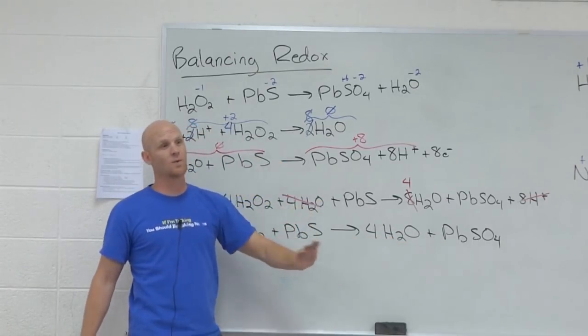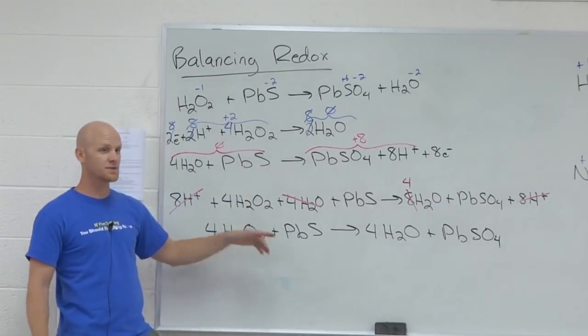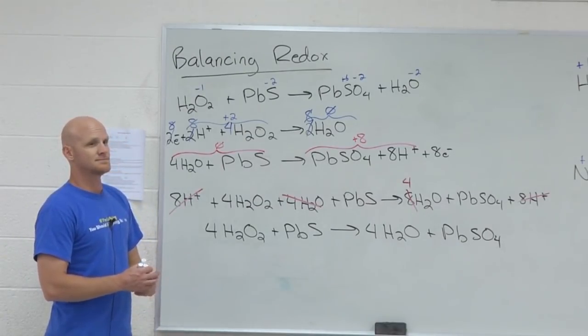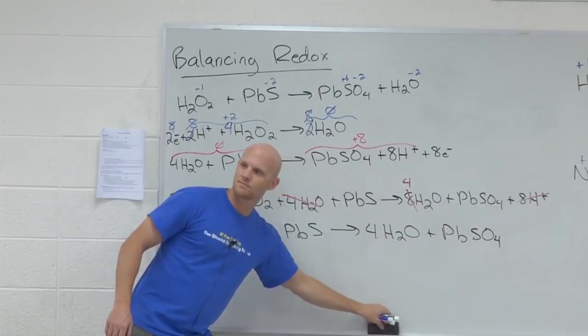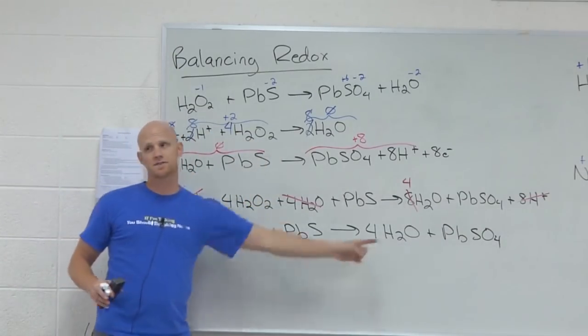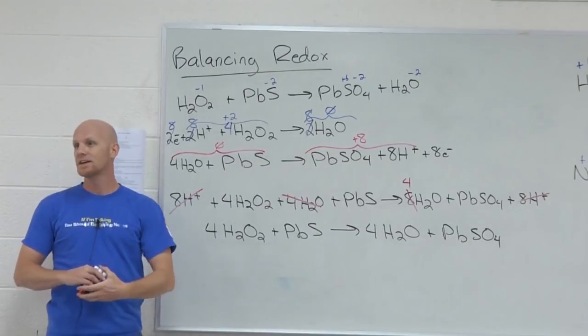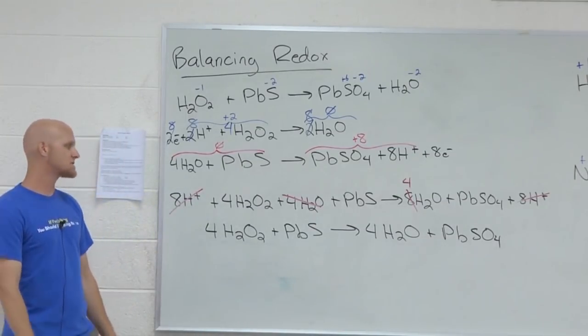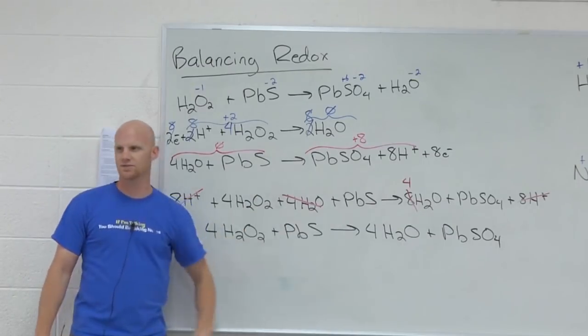So if they ask it that way, don't forget, if there's no coefficient, it really means there's a 1 there. So be careful. No, just what's the sum of the coefficients of all the species in the reaction, usually the way they ask it, if they're going to ask it that way. But more commonly, they usually just ask what's the coefficient in front of any one of these or something like that.